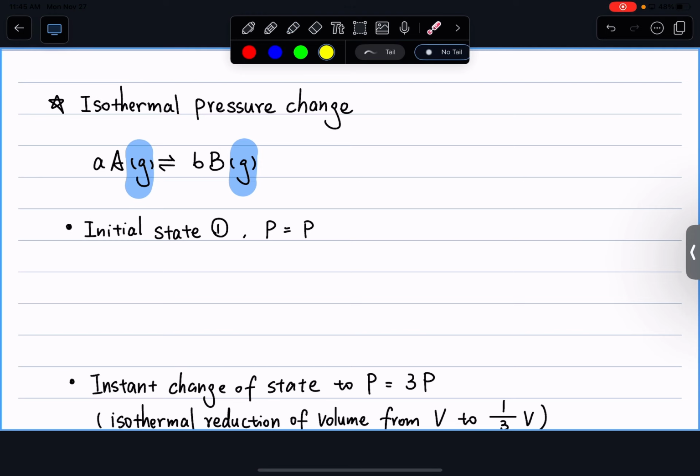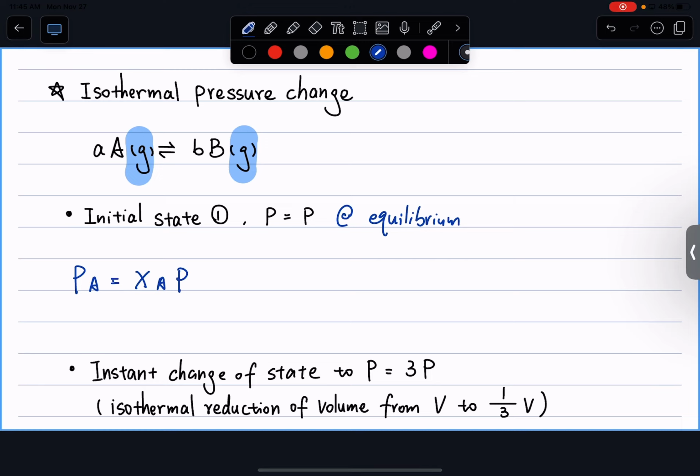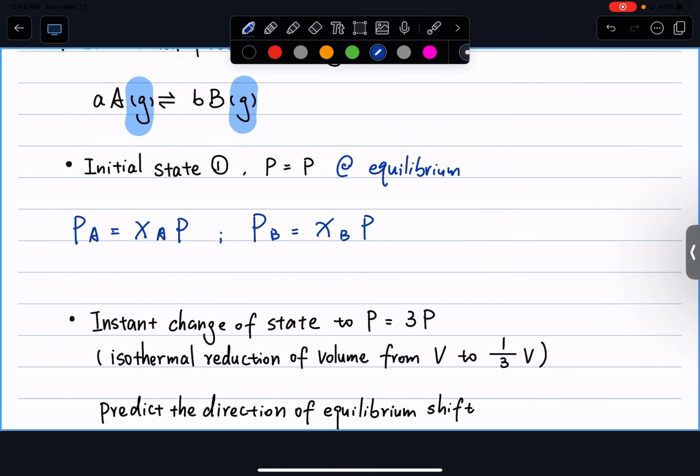So from the very beginning, if you think about the isothermal pressure change, what do we have? It's at the initial state or equilibrium state. You have your PA, or the partial pressure of your species A, equals chi A times P, and your partial pressure of B equals the mole fraction of B times P. Or the other way to put it is we have our reaction quotient.